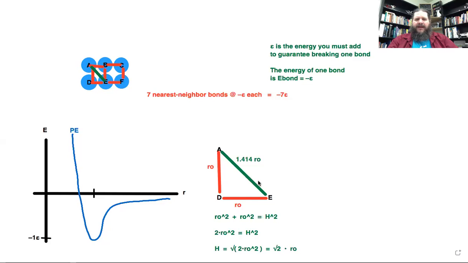And ultimately the reason why we want this distance in the first place, we'd like to know what's the energy of this AE bond. We know the distance. How can we translate a distance into an energy?